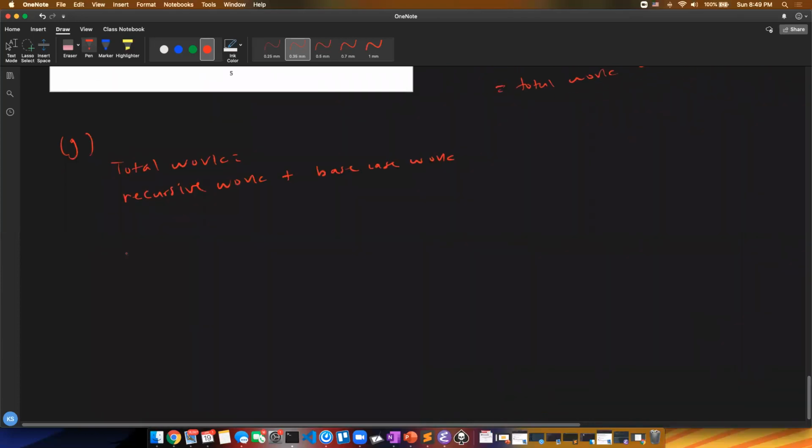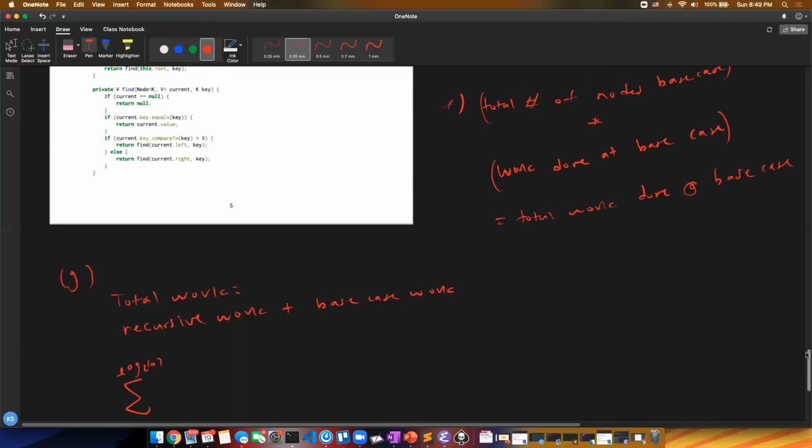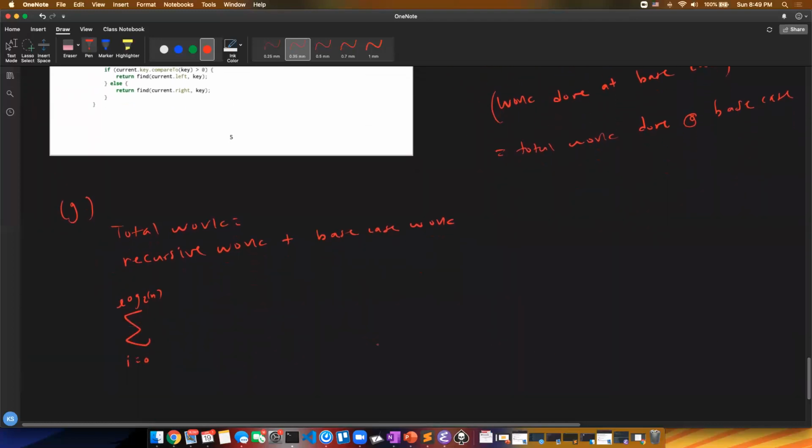We start with i equals 0, and we reach our base case at log base 2 of n. But we don't want to add up to our base case, right? Because our base case work is given by what we found in part F. So we want to go one level above that.